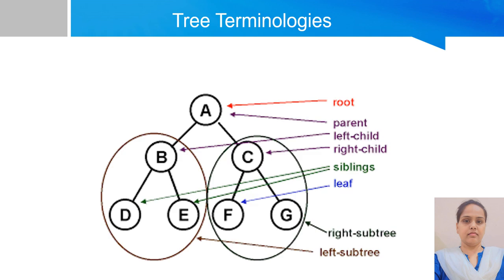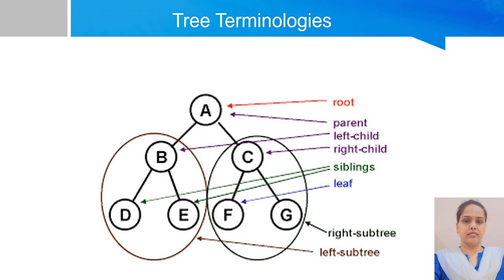These are the diagrammatic form of tree terminologies. The root is shown with a red arrow, which is the parent for B and C. B is a left child, whereas C is a right child.